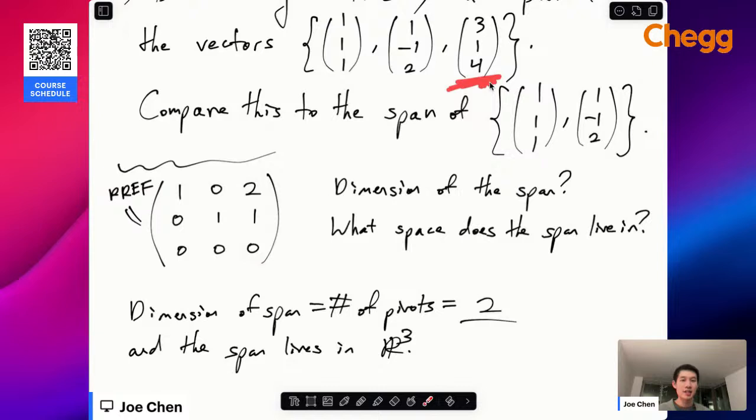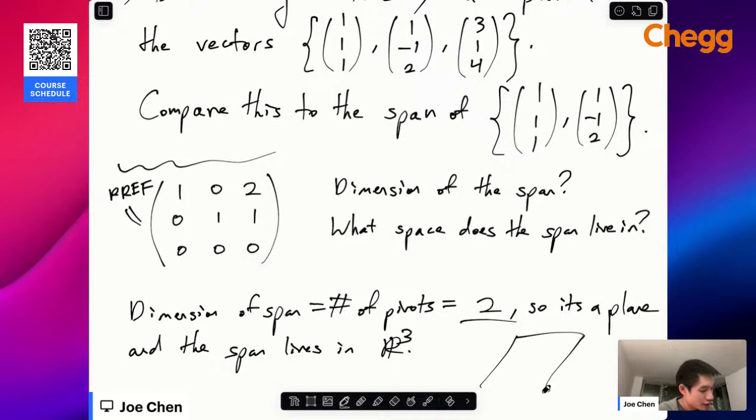Another way to say this is that if you took the span of these two vectors, you get a plane. Okay, actually I didn't write that down, but let me write it. So it's a plane. Can you guys see? Okay, yeah, it looks like a plane.